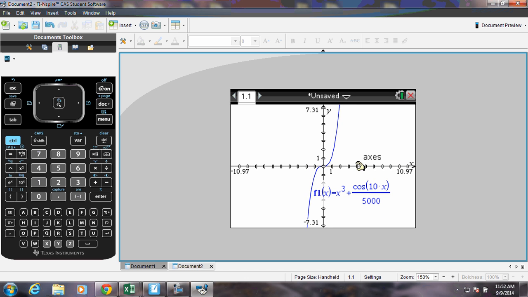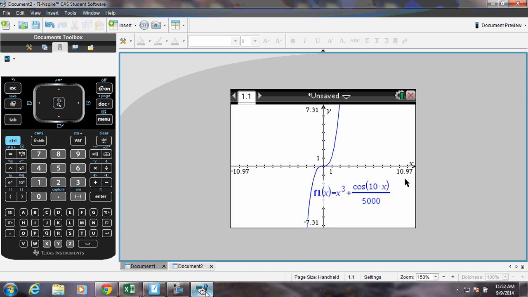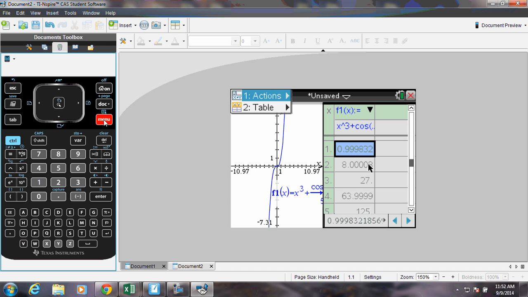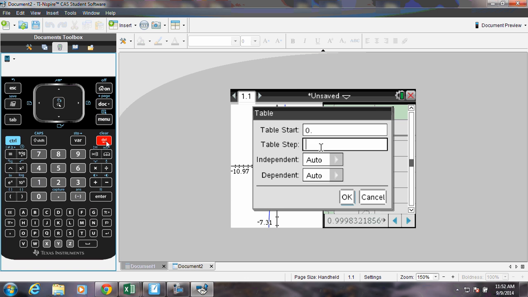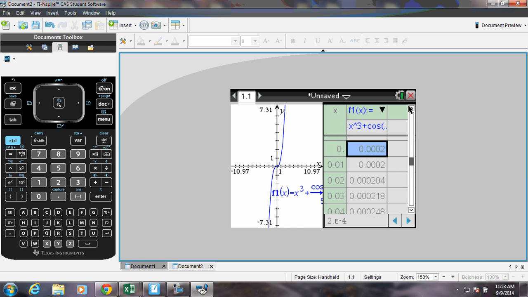Okay, there we can finally start seeing some stuff. So going back, what does it look like we're closing in on? Based on the graph, yeah, we could take a guess. It looks like a 0. Let's use the table and do some further investigation. Menu, table, split screen, menu, table, settings, and we'll go 0.01 and start looking at right around 0.